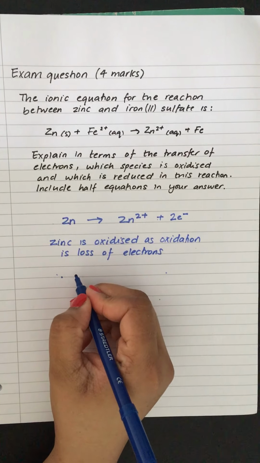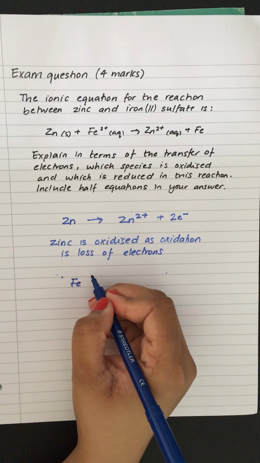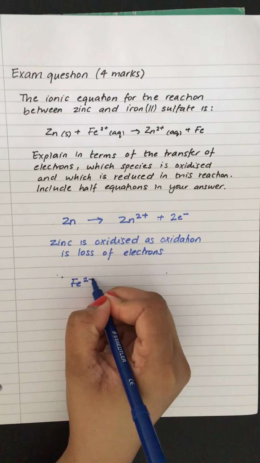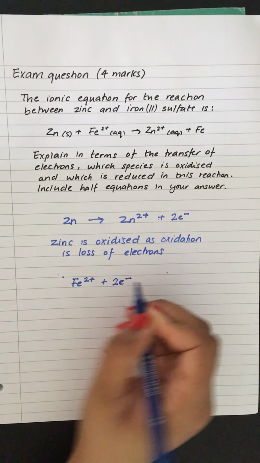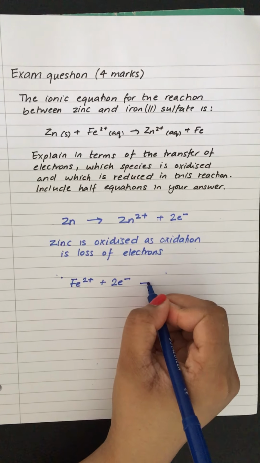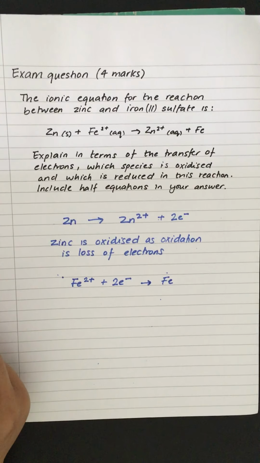We do the same thing for the iron. So in this case, iron has a 2+ charge. In order to lose that charge, it would have had to gain 2 electrons and form Fe with no charge. Yeah?